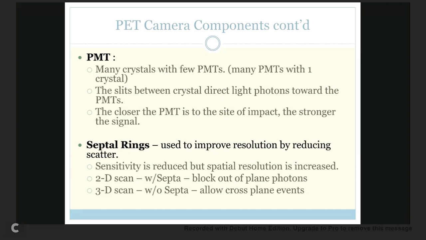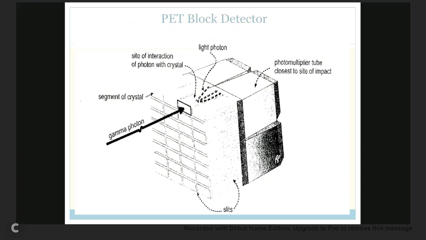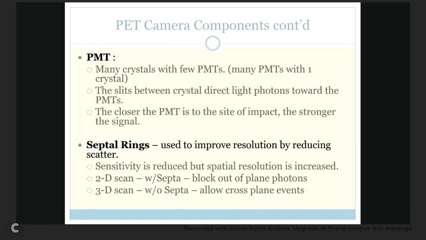That doesn't make sense. You should have fewer PM tubes and more crystals. For many PM tubes with one crystal, that should be more like the gamma camera because it's one solid flat crystal. Here it's just components that are put together.